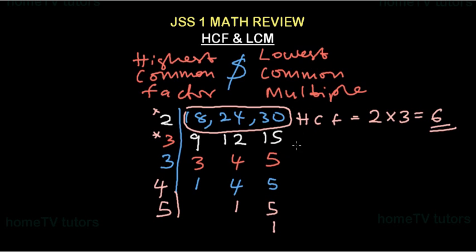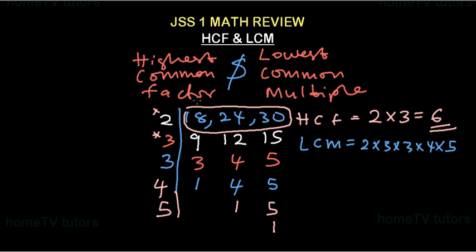Then for the LCM, the LCM is quite easy as well. It's just the lowest common multiple, so it is the product of all the factors that ever divided any of the given numbers at any given stage. So we have 2 times 3 times 3 times 4, then times lastly 5.